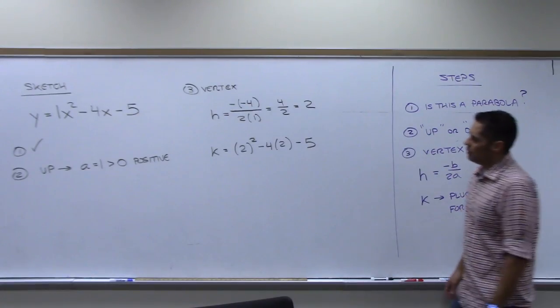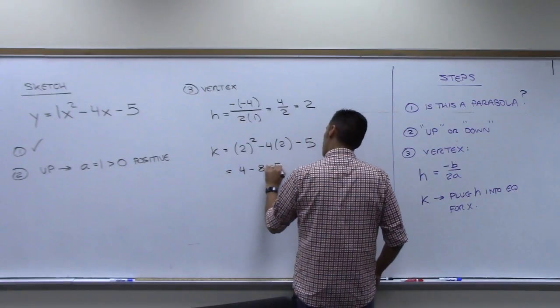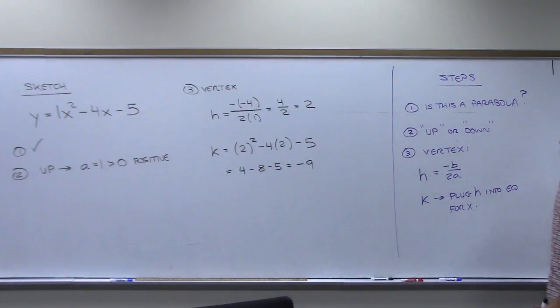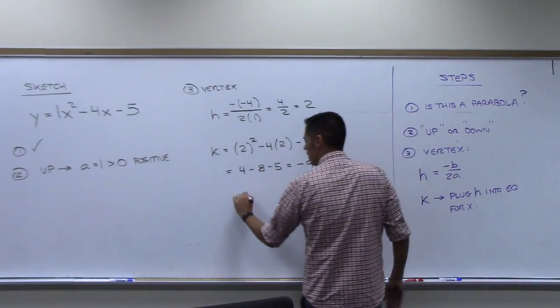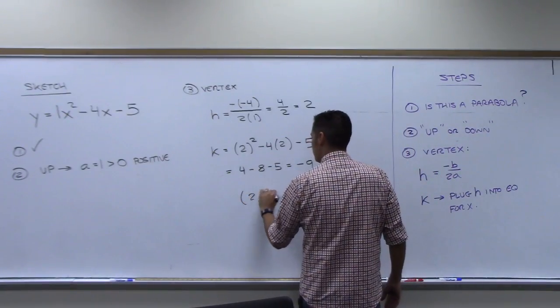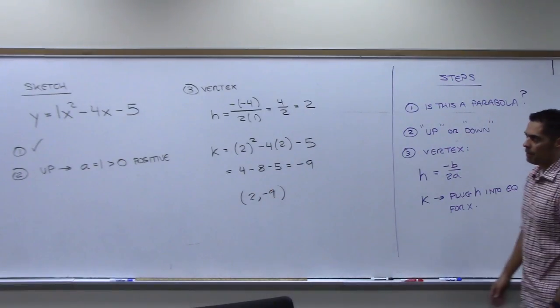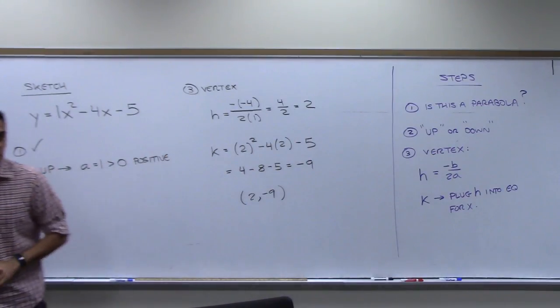This turns out to be 4 minus 8 minus 5, which should be negative 9. So our vertex for this parabola is the point (2, -9). Understand?